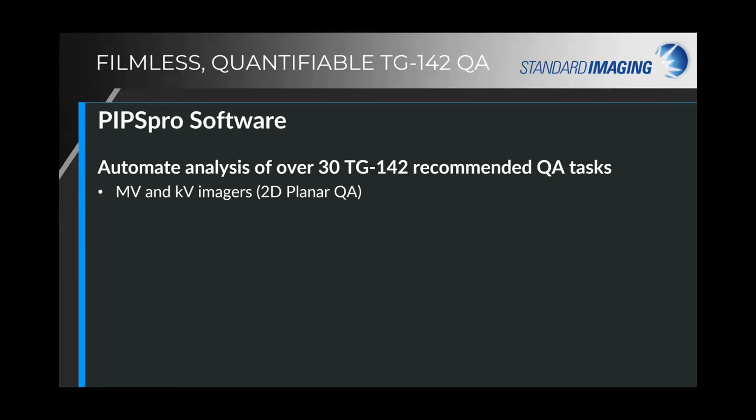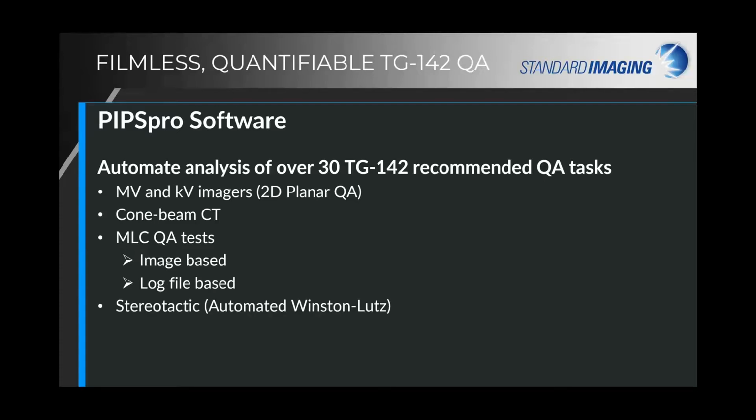imaging KV imaging system. Cone beam CT, we also perform cone beam QA. We do a number of different types of MLC QA tests, including the image-based tests as well as log file-based tests, and I'll touch on those in a bit as well. The STEREOTACTIC module, the automated Winston LUT.